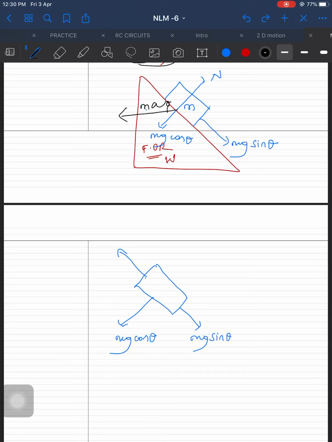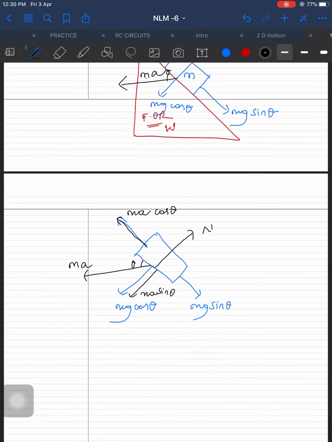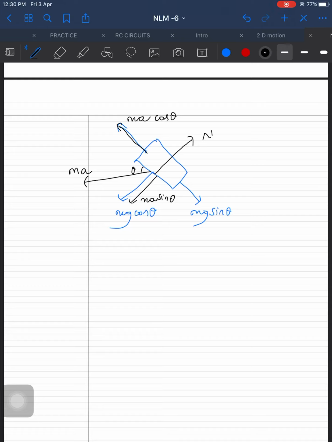Now there was ma. I am resolving it into components. It becomes ma cos theta and ma sin theta. There is a normal N.